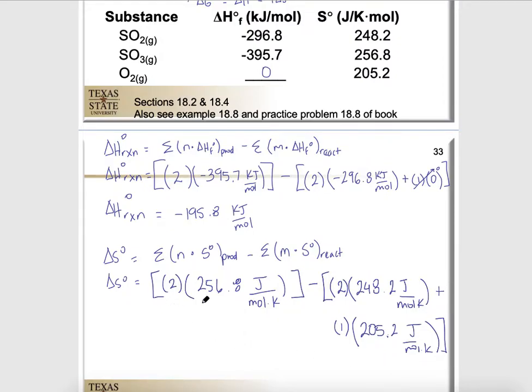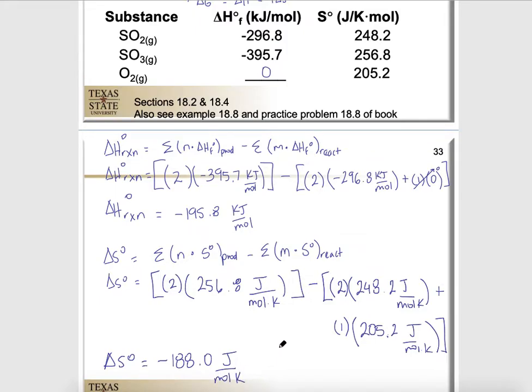So either you type it exactly as it is right here, utilizing a double parenthesis, or you are very careful and do them separately, or you go ahead and multiply this negative in here and get rid of the brackets and say, okay, minus this minus this. So once I plug this in, I ended up with my delta S being equal to negative 188.0, and that's in joules per mole Kelvin.